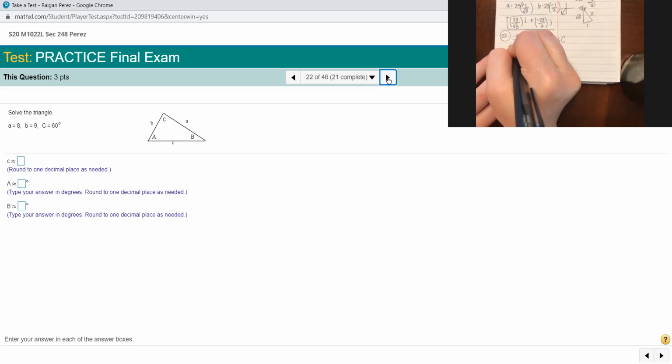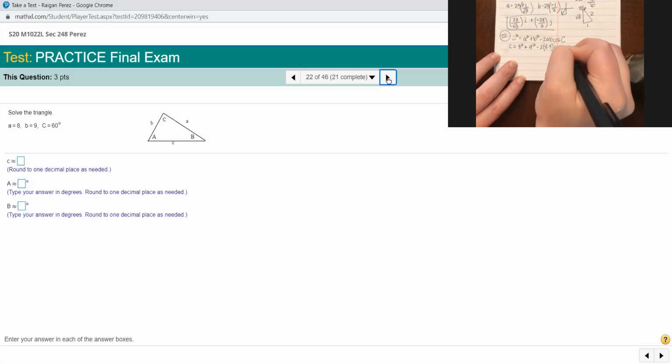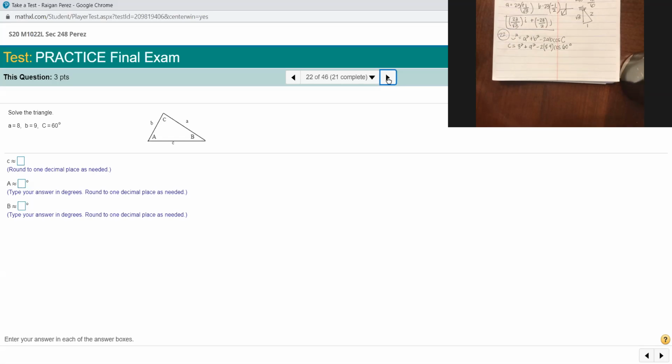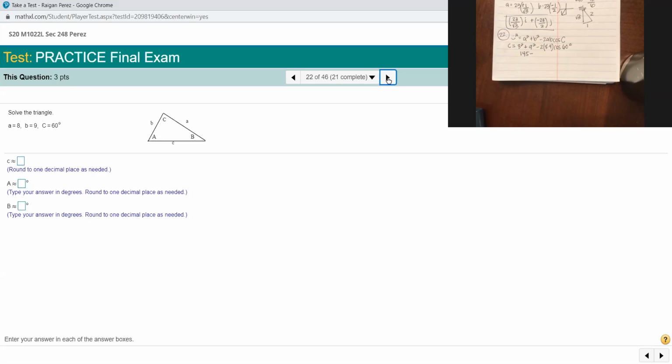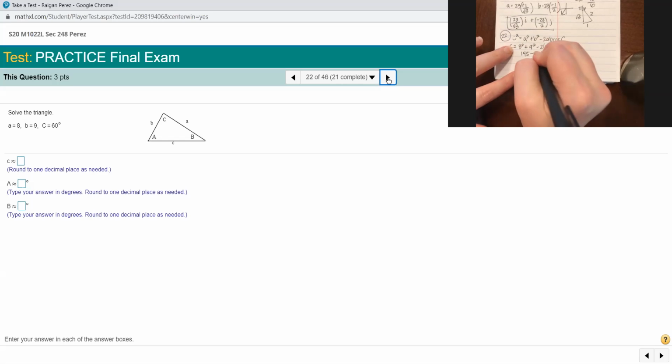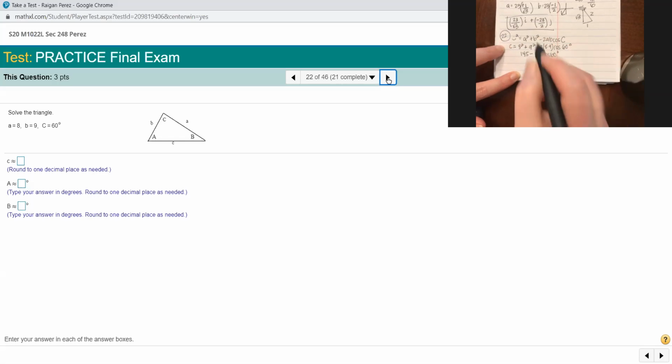So that leaves me with 8 squared plus 9 squared minus 2 times 8 times 9 times cosine of 60 degrees. So let's see, 64 plus 81 is 145 minus 2 times 8 times 9 is 144 cosine 60.